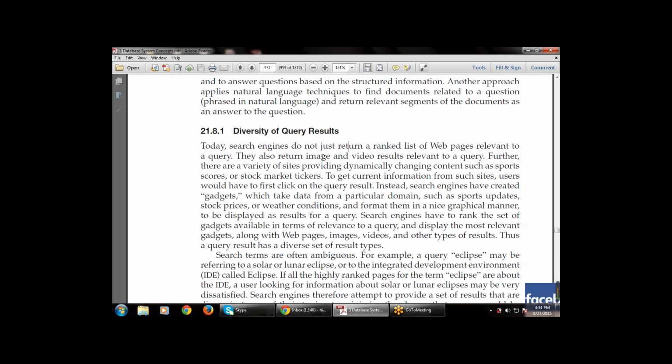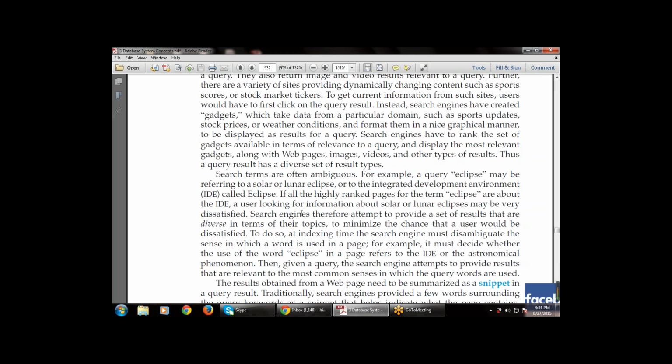Such query terms are often ambiguous. For example, the query eclipse may refer to a solar or lunar eclipse, or it may relate to the integrated development environment known as Eclipse.